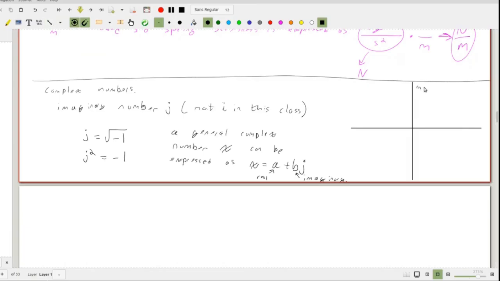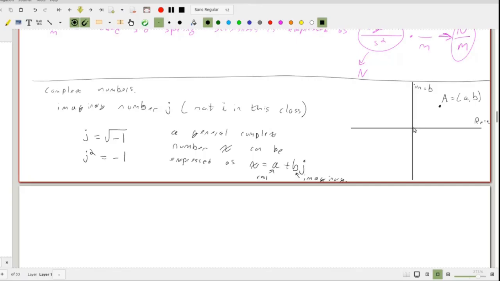We have our imaginary axis, which is equal to B, and our real axis equal to A. And so we have a point here, at A comma B.